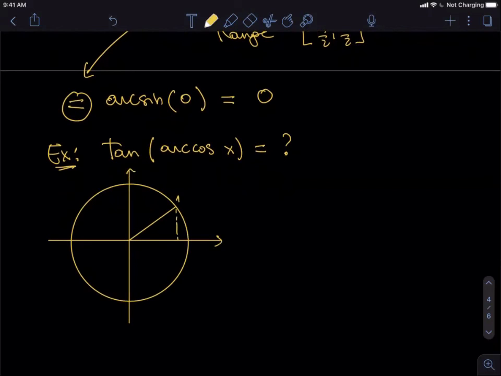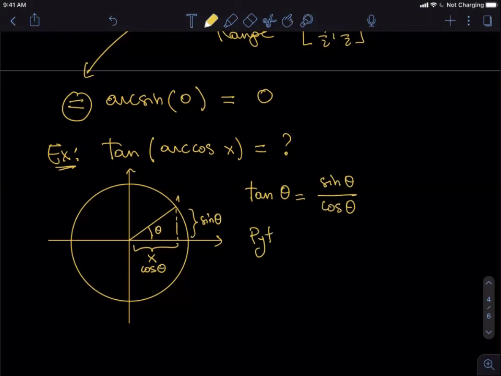If I have an angle such that the cosine is x, what is going to be the tangent for this angle? So then you know, the tangent is the sine of theta divided by the cosine of theta. This is the definition. This here is the sine of theta, and the cosine is x. So we can apply the Pythagorean theorem.